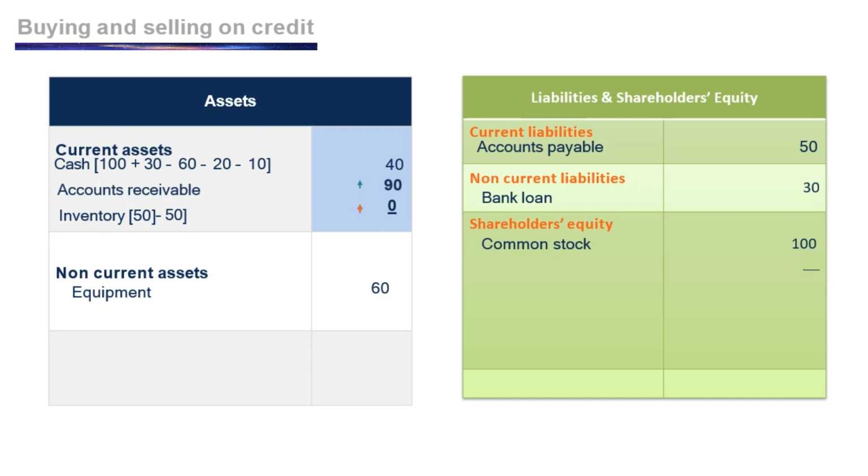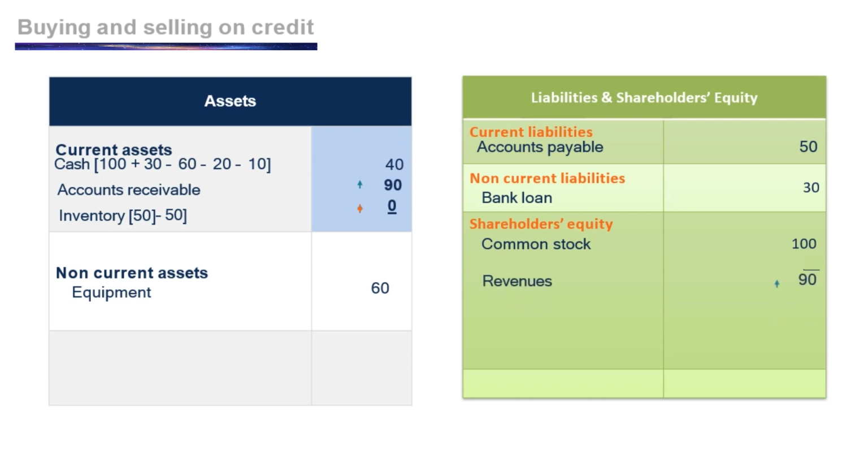And this is revenue to the company, because based on the revenue recognition principle, revenue is recognized once a transaction has happened, not only when cash is involved, but as long as a transaction has happened. And in this case, the transaction has happened.